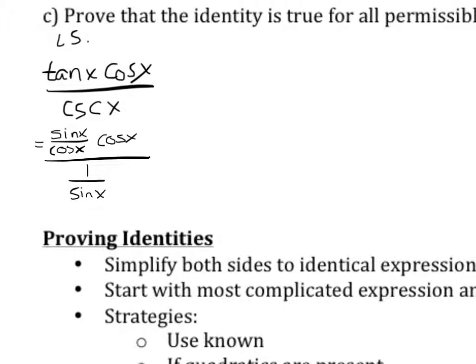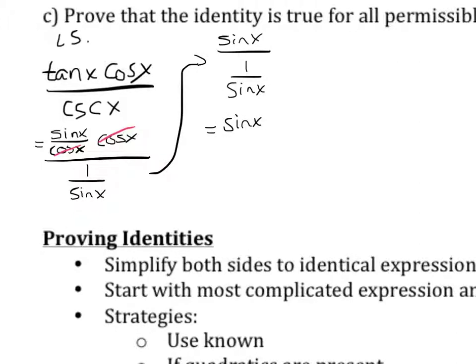So what does this leave me with? Well, I know this cos and this cos will cancel, which is great. So really I'm left with sine x over 1 over sine x, which is equal to sine x times sine x over 1, which is sine squared x.